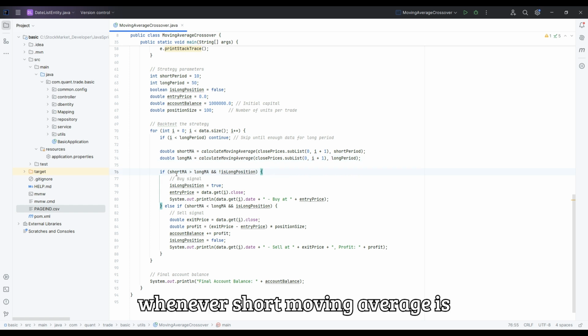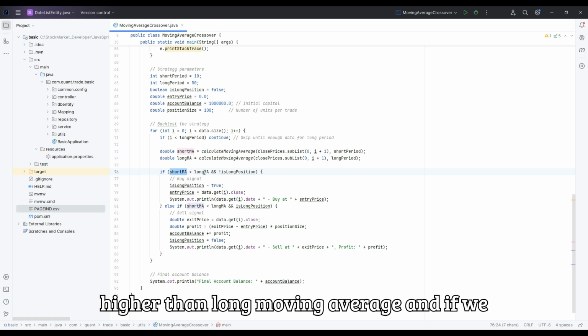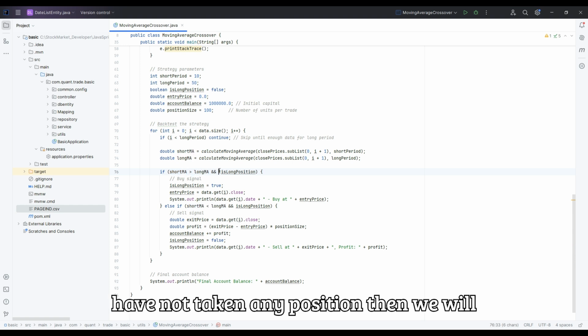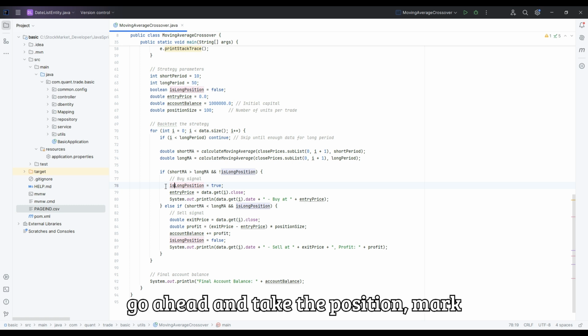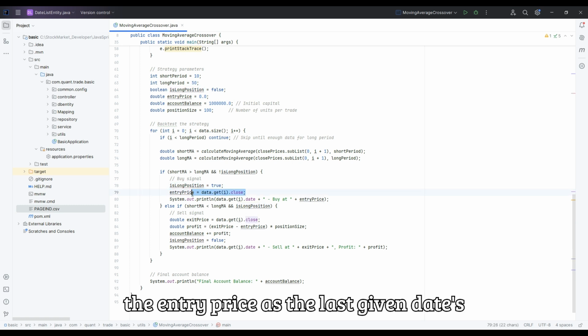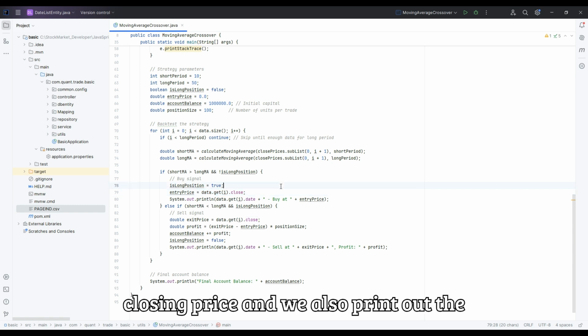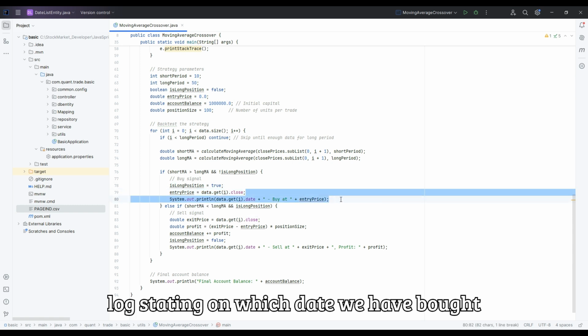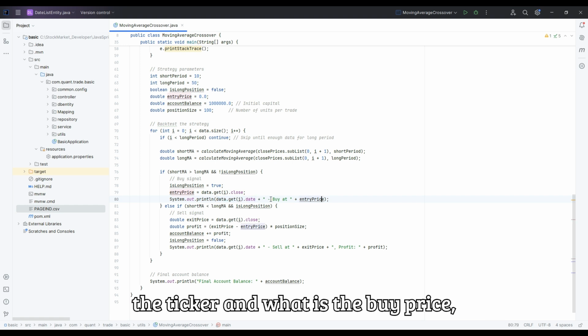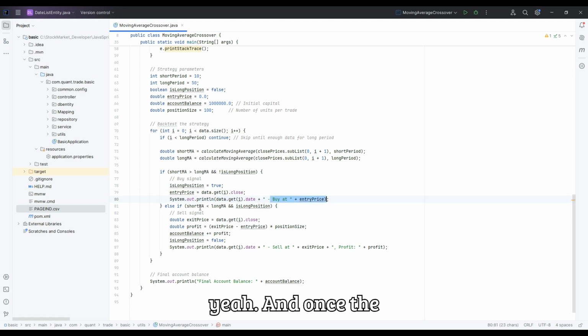Whenever the short moving average is higher than the long moving average, and if we have not taken any position, then we will go ahead and take the position, mark the entry price as the given date's closing price, and we also print out a log stating on which date we have bought the ticker and what the buy price is.